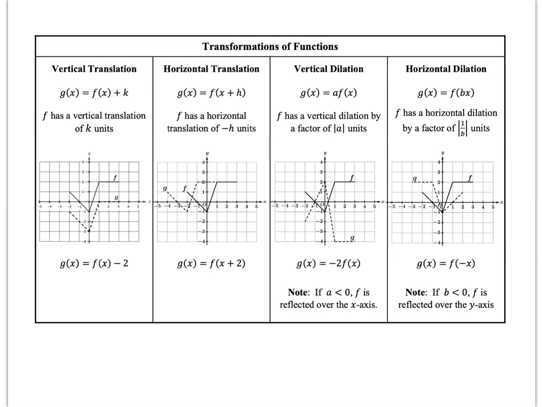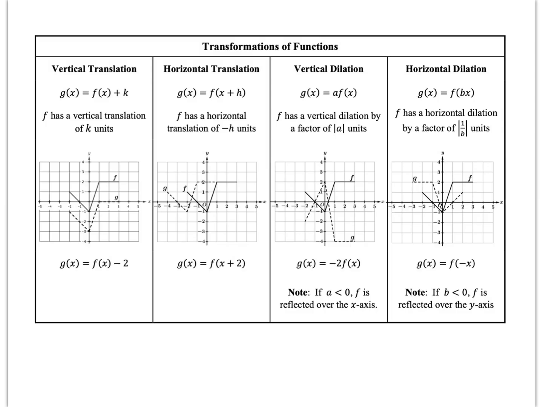Horizontal translations are actually going to be the opposite of what they look like in the parentheses. Notice that for a horizontal translation, the x is affected. So you're going to see a horizontal transformation happen in the parentheses with the x. Here we say that f has a horizontal translation of the opposite of h units, -h.